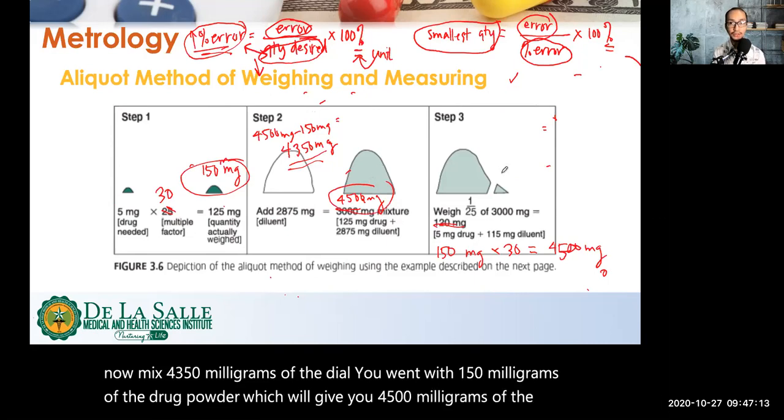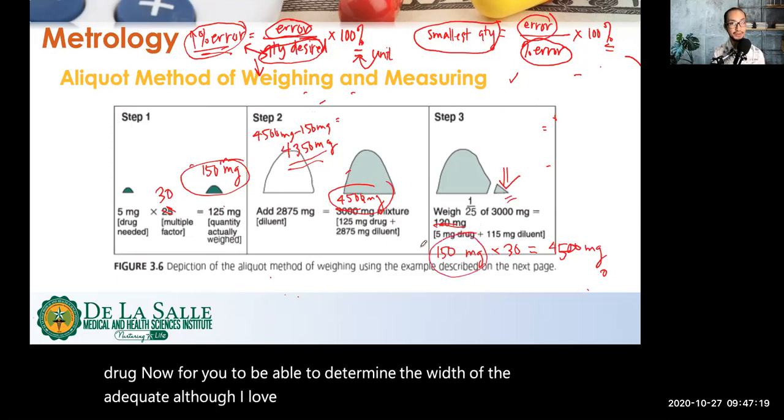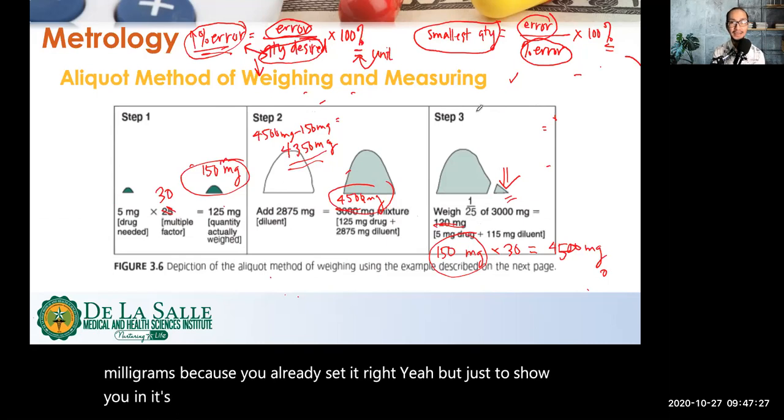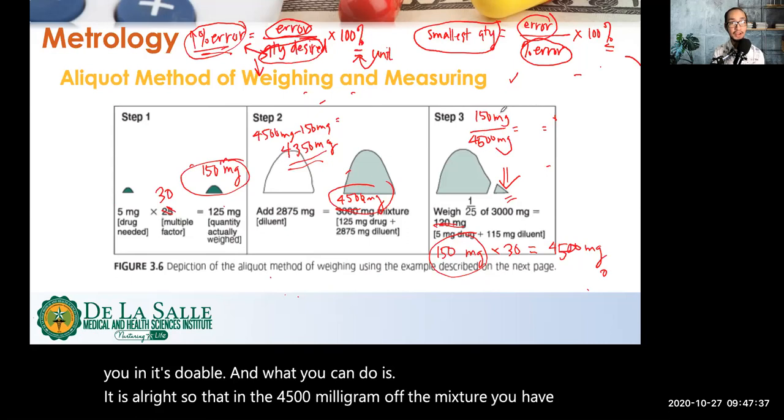Now, for you to determine the weight of the aliquot, although you already know that it should be equal to 150 milligrams because you have already set it, just to show you that it's doable, here is what you can do. You know that in 4,500 milligrams of the mixture, you have 150 milligrams of the drug.